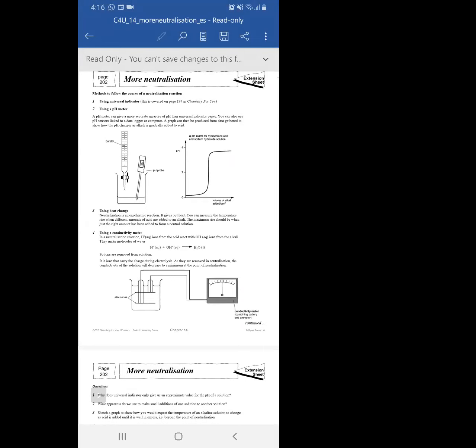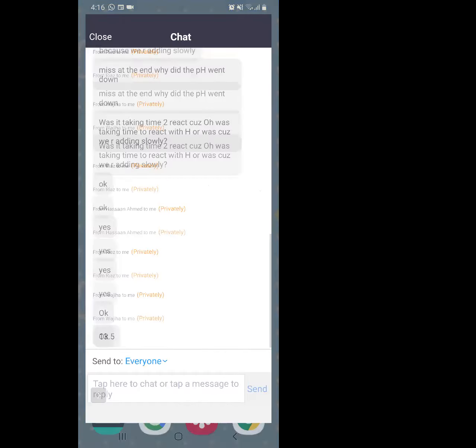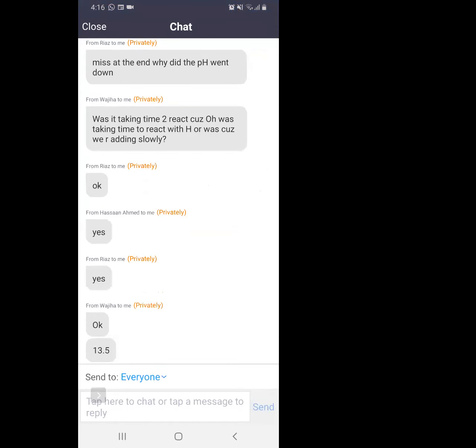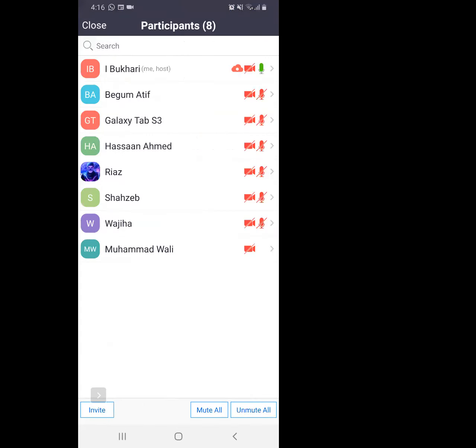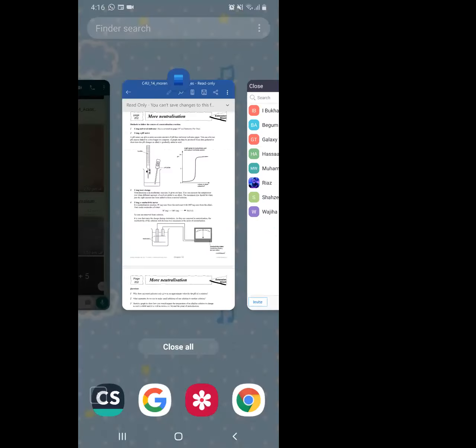So on this graph, at which point do you think, 13.5? The graph does not give you any value, 13.5. I'm saying in the graph. So, x-axis, okay, I'm sharing my video.